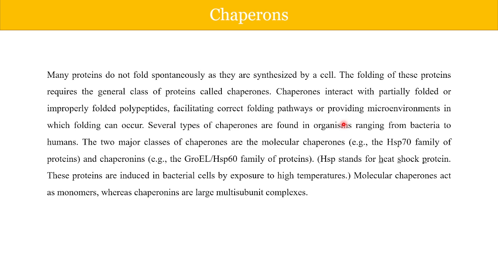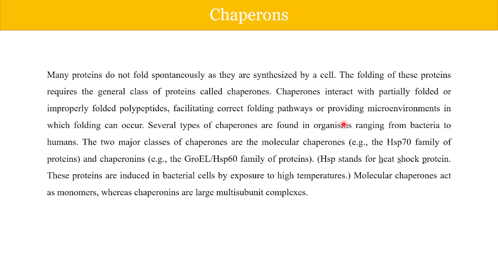And you can find these chaperones in several organisms, from prokaryotes like bacteria to human beings. The two major classes of chaperones involved are your HSP70 and your GroEL or the GroES, as I was speaking, the HSP60 family of proteins.